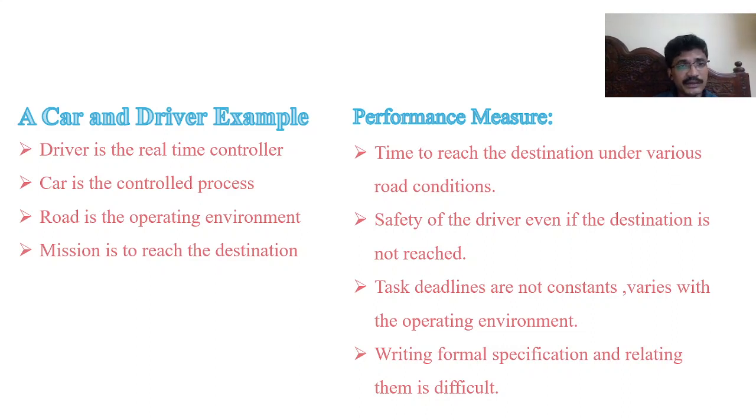The other extreme case is bright sunlight, and he drives the car at 15 miles per hour and reaches safely. I cannot say it is a success. It all depends upon the mission, the objective. So that is one simple example that we can tell about embedded systems.